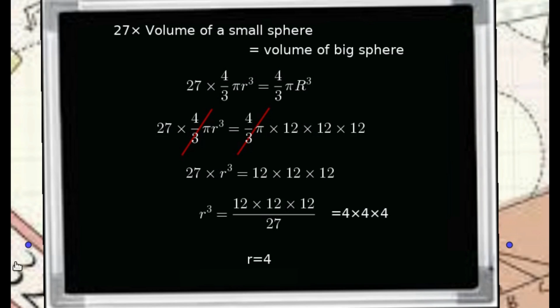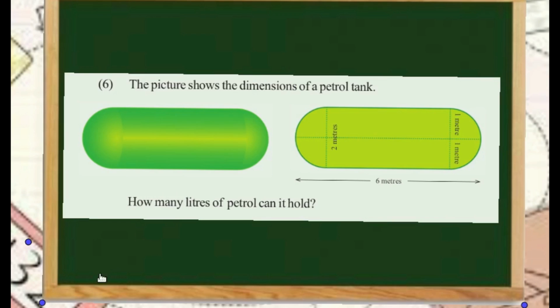Then we go to the next one. The next question from the textbook is this figure. The picture shows the dimensions of a petrol tank. How many liters of petrol can it hold? Here is the figure of the petrol tank.